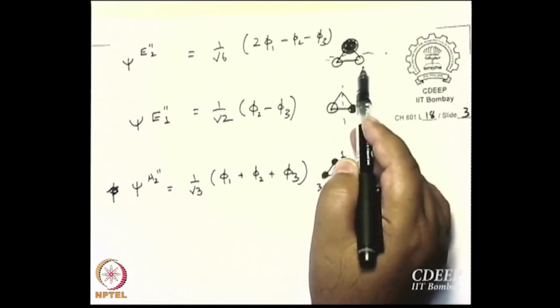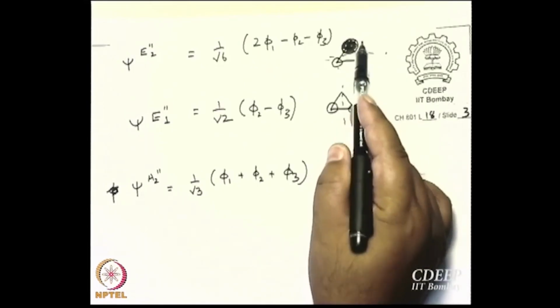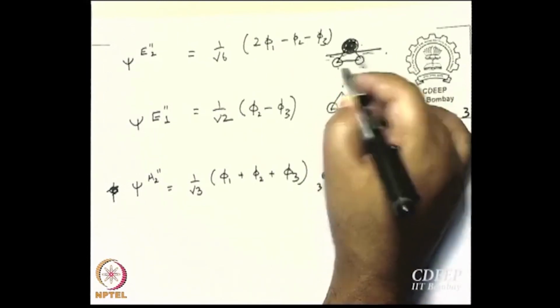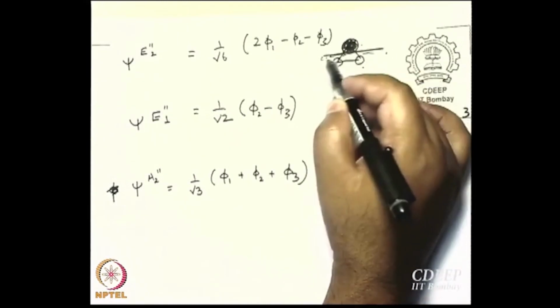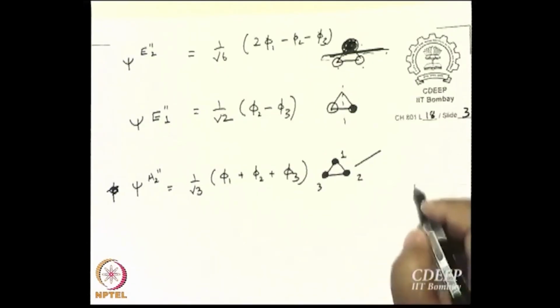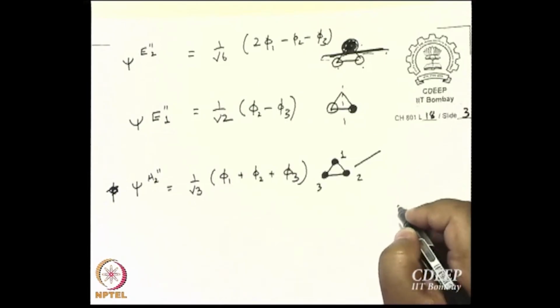See, from here to here, there is no change in sign. From here to here there is a change, from here to here there is a change. But then that is depicted by this one plane, one nodal plane. That same nodal plane serves to separate the thing. Or you might want to draw it like this. If you now look from that side, okay, what do you see?